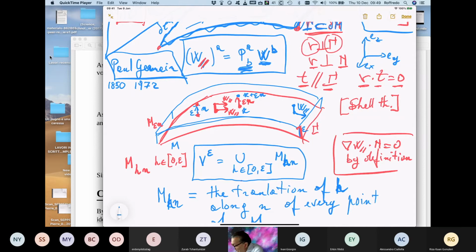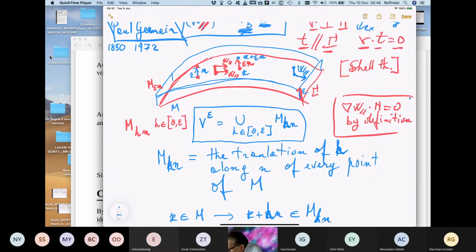Okay, as Erden remarked, I must say at this moment, so I thank Erden for his patience, grad parallel W dot n, so the normal derivative of W parallel along n is 0.